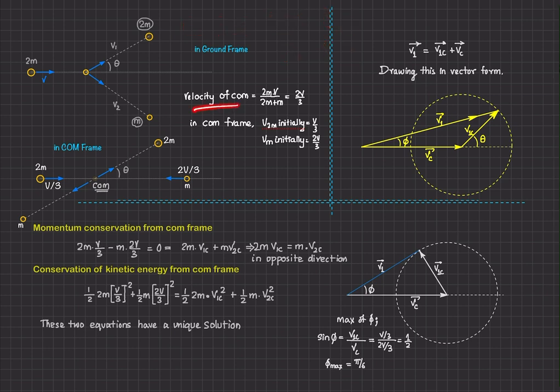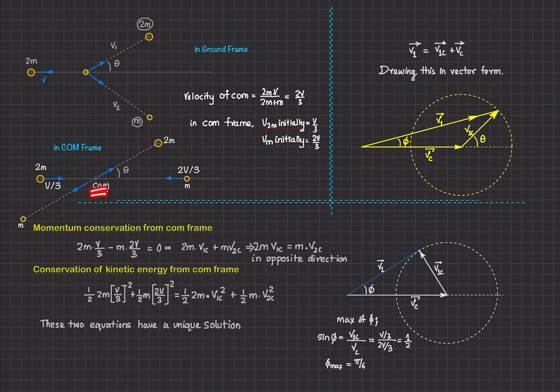Now see here, we are writing the velocity of center of mass. We are using the formula m1 v1 plus m2 v2 by m1 plus m2, and we get 2v by 3. So the center of mass is moving at 2v by 3. If we draw the same diagram but from the center of mass frame, if we sit at the center of mass and observe, then the center of mass doesn't move, right? The velocity of center of mass is 0 in the COM frame.